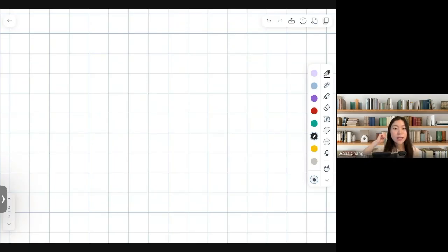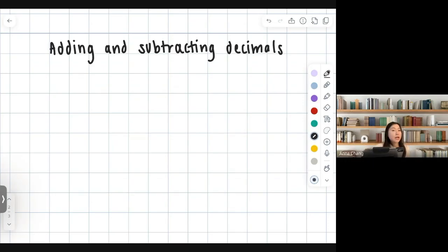Let's start with adding and subtracting. When adding or subtracting decimals, you always need to line up the decimal points before doing the operation. So for example, if I want to add 12.5 and 3.78, I have to rewrite the numbers so the decimal points are aligned, and then just add the place values together from right to left.